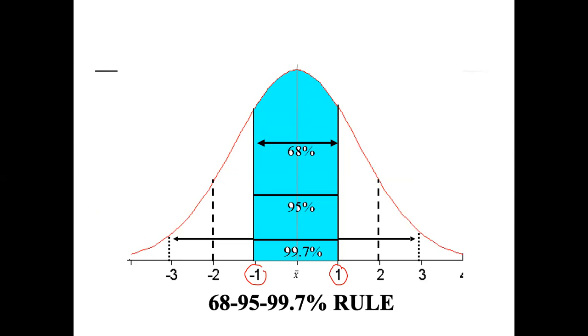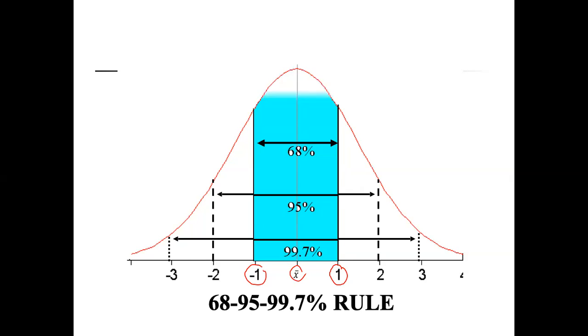If it's a positive value, it is found to the right of the mean, or above the mean. If the value in this case is -1, it indicates it is to the left of the mean, or one standard deviation below the mean. That will comprise 68% of your entire data, or in this case, entire sample, because we made use of the statistic X bar, within one standard deviation.